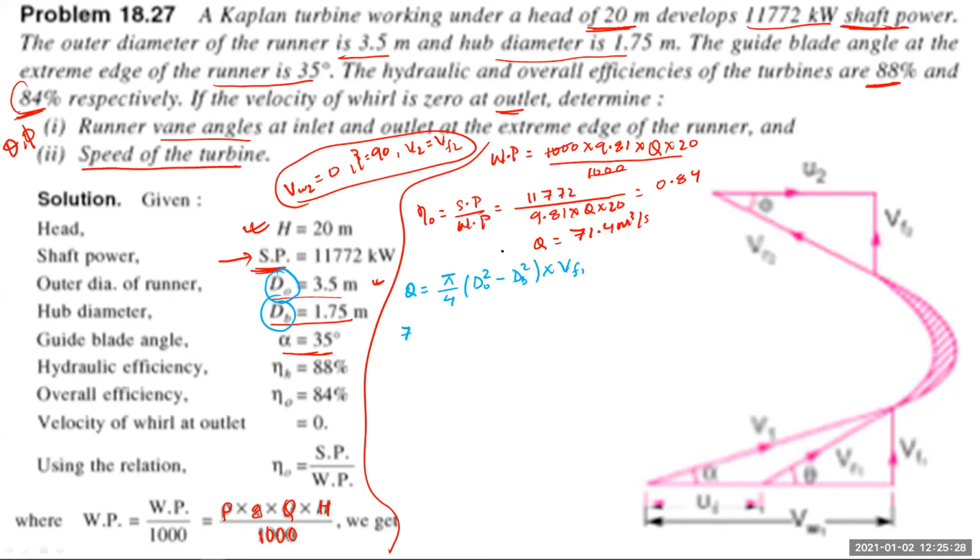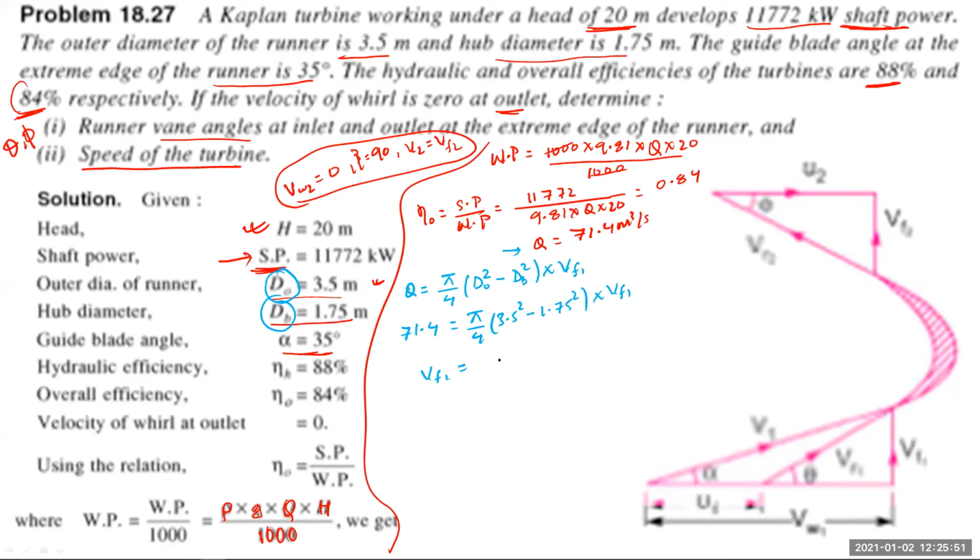Q we have calculated previously as 71.4, equals pi by 4 into D outer, which is 3.5 squared, minus Db, which is 1.75 squared, into Vf1. So from here you will get Vf1.